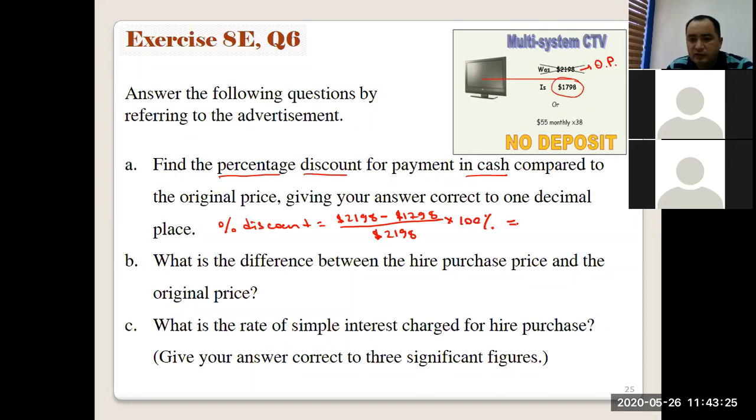That is equal to the fraction 2198 minus 1798 over 2198 times 100, which is equal to, correct to 1 decimal place, 18.2%.